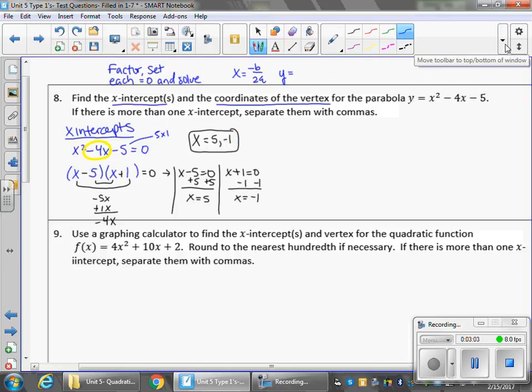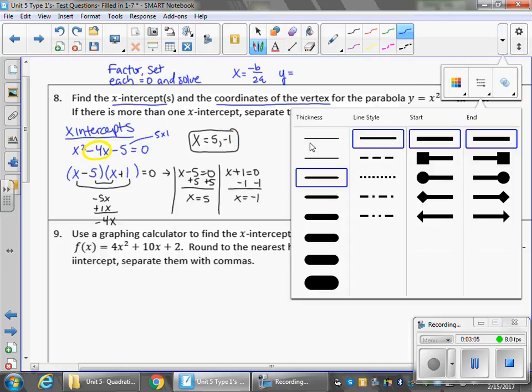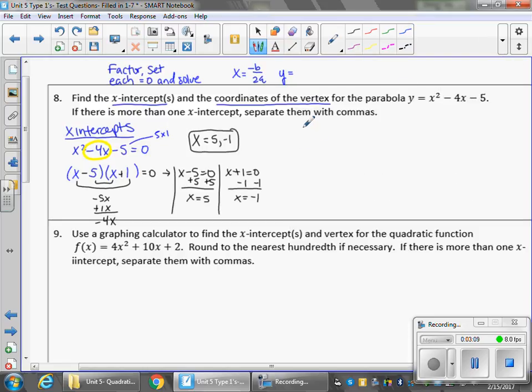Okay, next, let's do our vertex. So step 1, find the x-coordinate. X equals negative b over 2a. Just as a refresher, standard form is ax squared plus bx plus c.